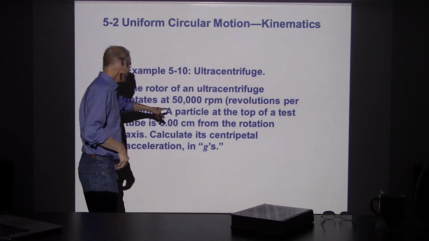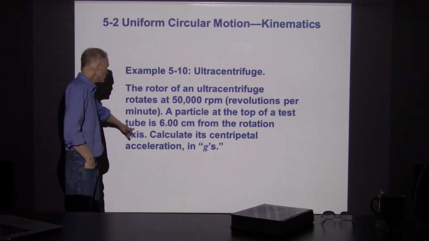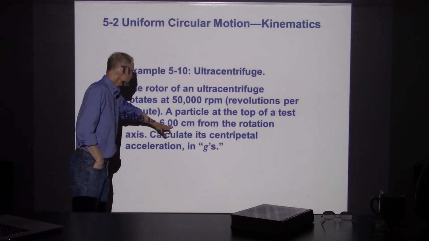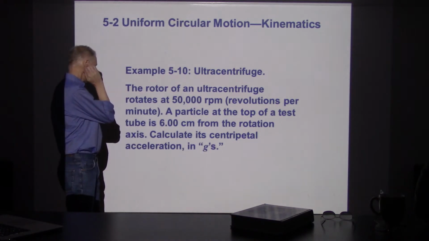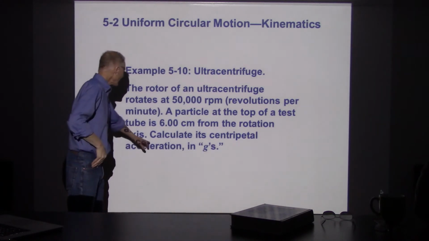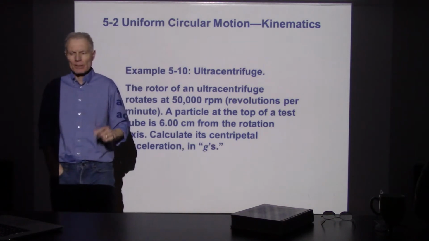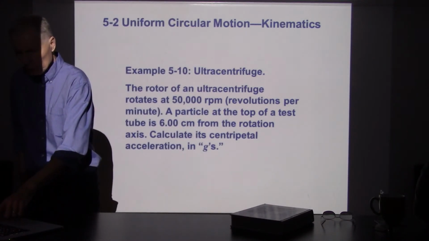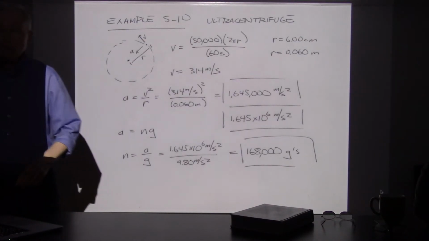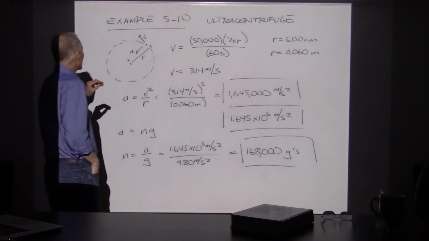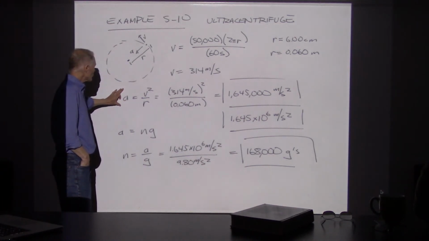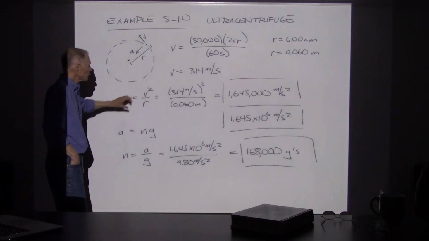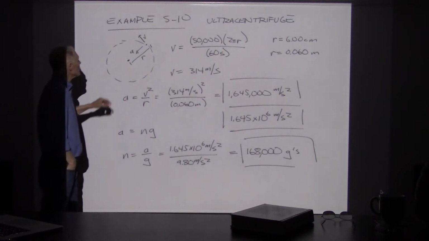A particle at the top of the test tube, starts out at the top, is 6 centimeters from the rotational axis. Find out what the acceleration would be. So it's not so much keeping track of how things separate, but rather it's just coming back and using circular motion kinematics formulas one more time here.